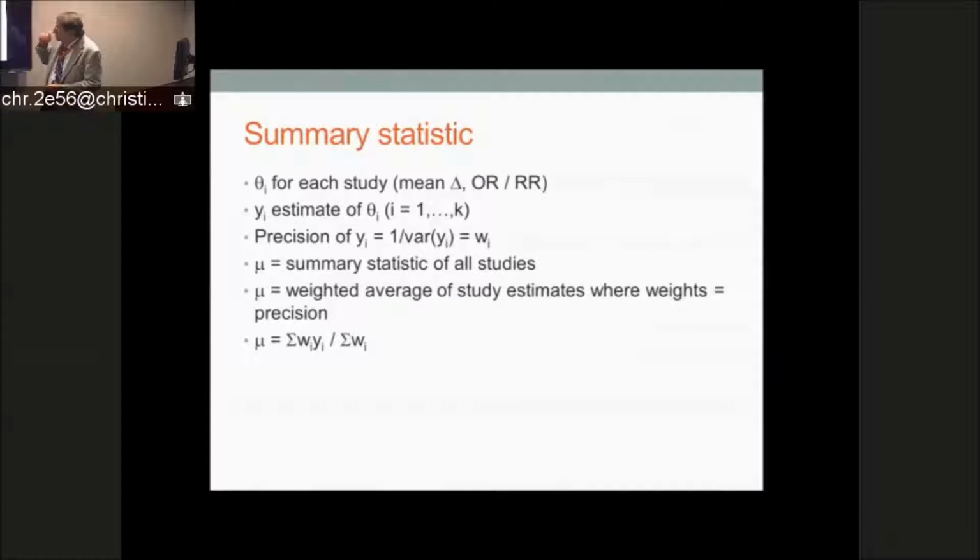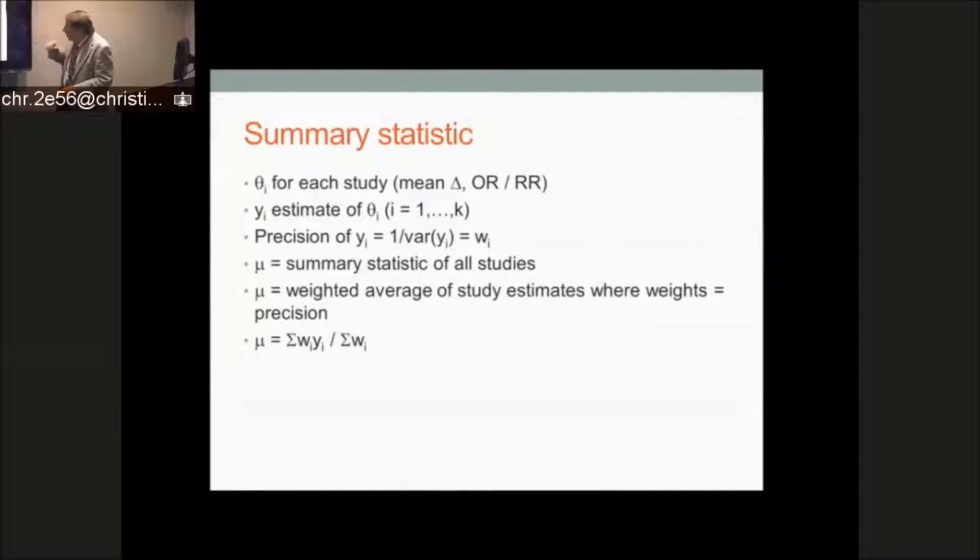We define the precision of each individual estimate as weighted by 1 over the variance in the study. Each estimate is a study's relative risk or odds ratio that is published by the study, and each odds ratio or mean difference has variability associated with it within each individual study.